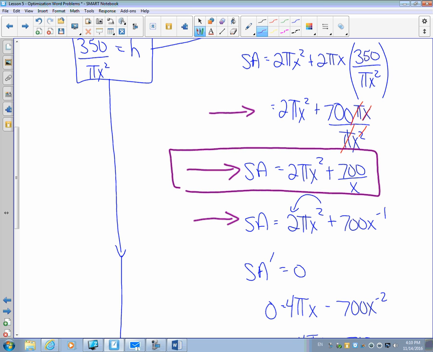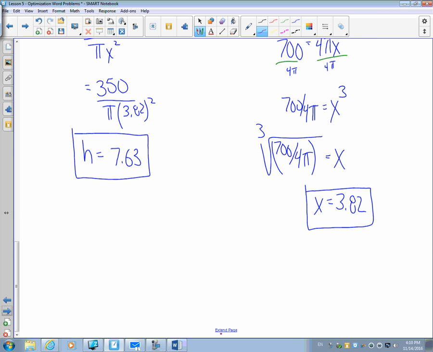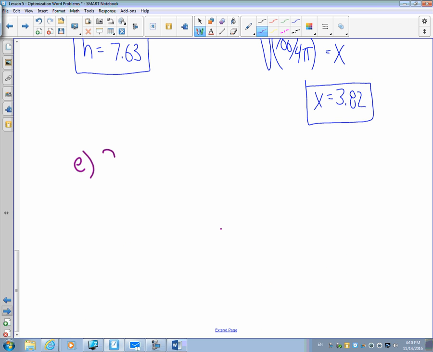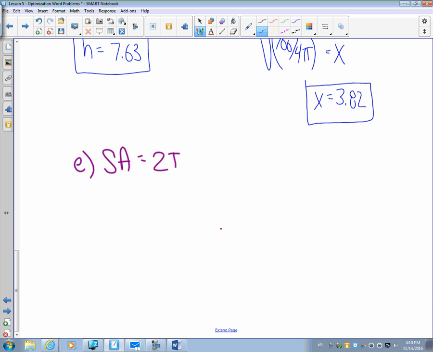Okay, so my surface area, this is part E now. My surface area was, sorry, I have to go back up for 1 second here, 2 pi x squared. I'm just going to write it down. 2 pi x squared plus 700 over x. Just check that. Yes. And what do I know? I know x.